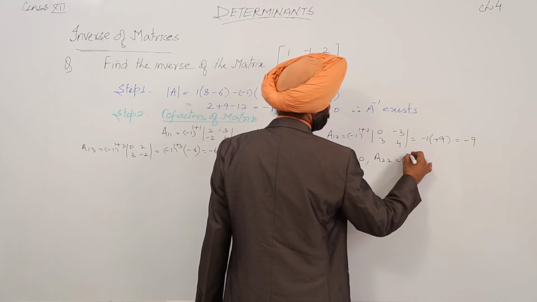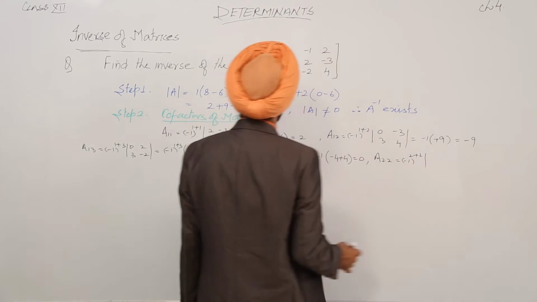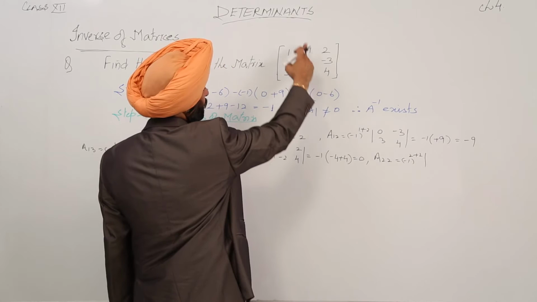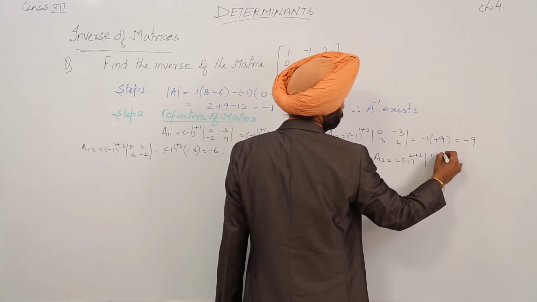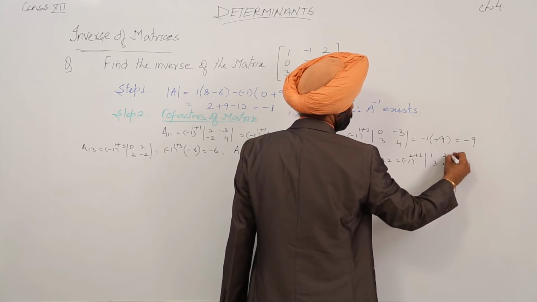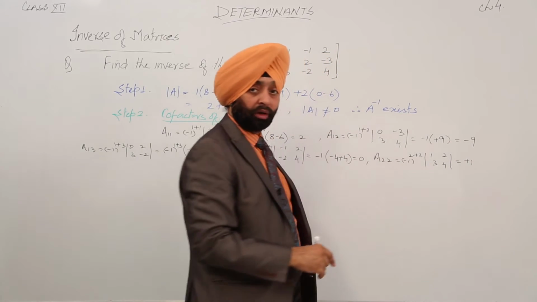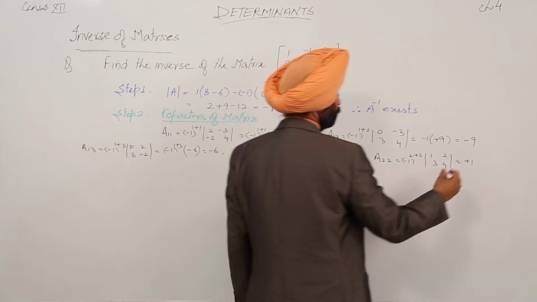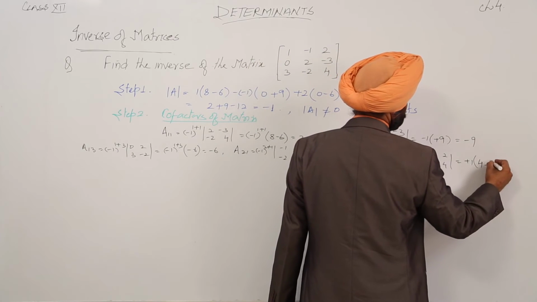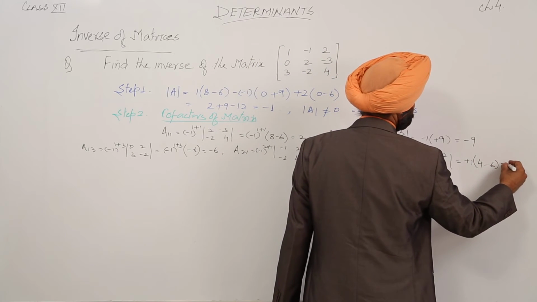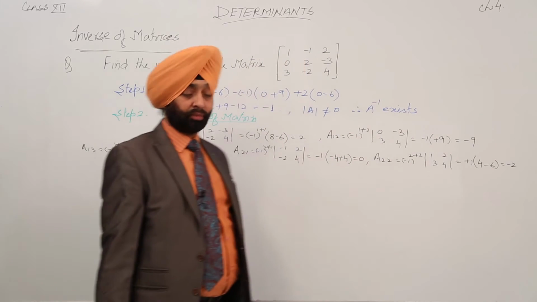Okay, A21 is 0. Now A22, minus 1 raised to power 2 plus 2. Now for A22, this row and this column are deleted, leaving 1 2 3 4. So we are having positive of 1, minus 1 raised to power 4, positive of 1 with 4 minus 6, this is equal to minus 2. Okay, it is minus 2.